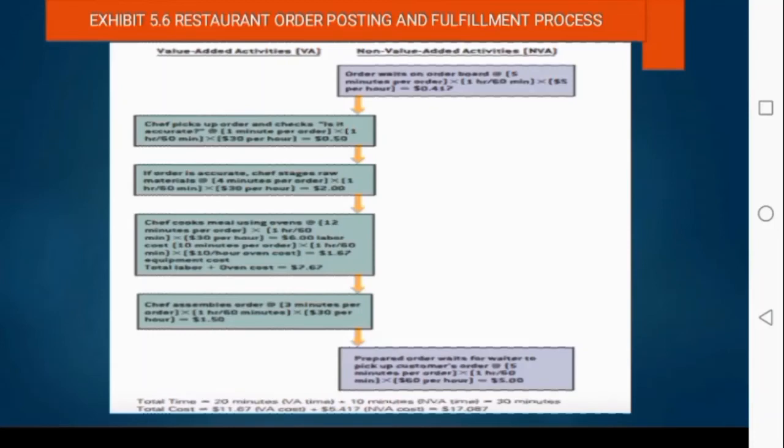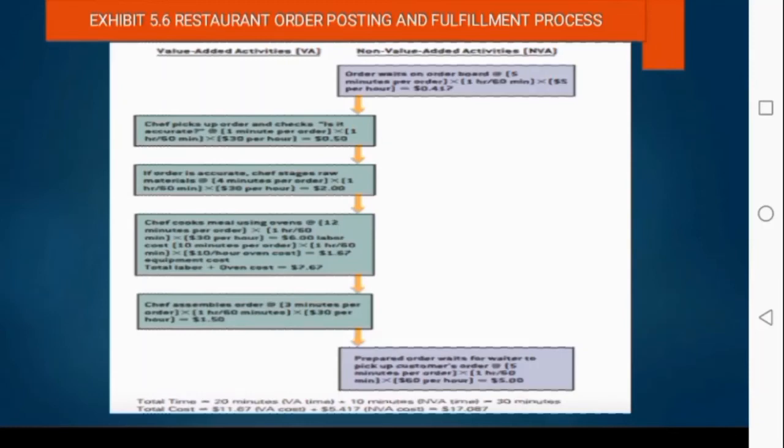And shift cooks meal using ovens at 12 minutes per order times 1 hour over 60 minutes times 30 per hour is equal to $6 labor cost. And 10 minutes per order times 1 hour over 60 minutes times $10 per hour oven cost is equal to $1.67 equipment cost.